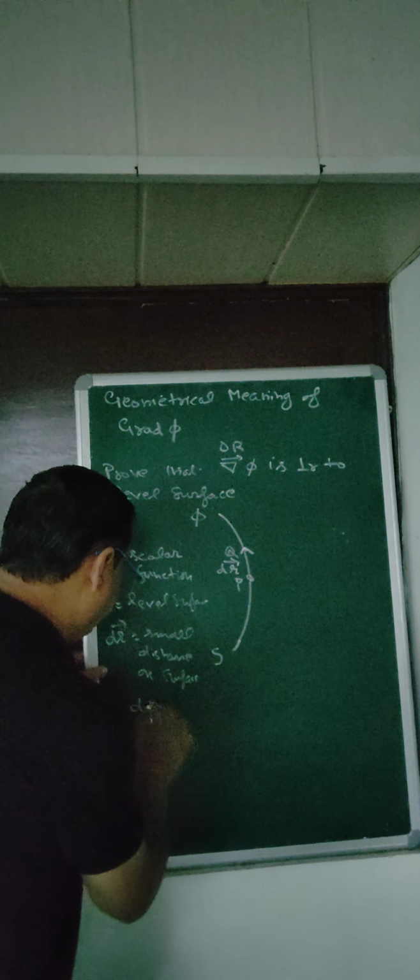Now we want to see what is the change in scalar function phi in going from P to Q. How can we write that change? This is a small change in the value of this scalar function, and we represent it by d phi.